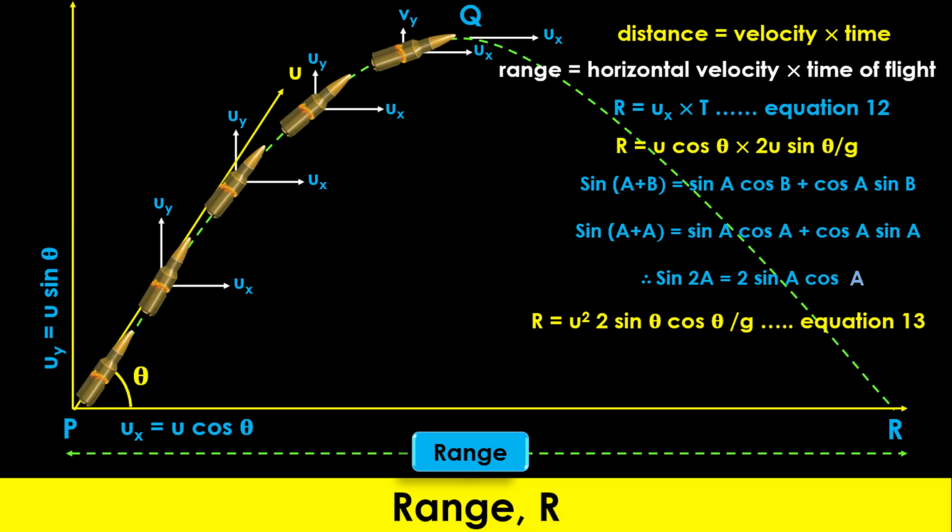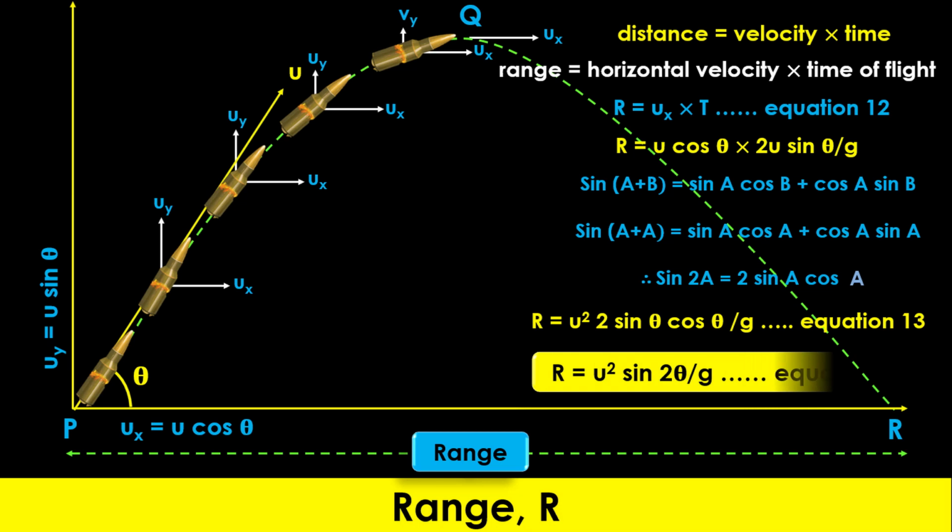Hence, equation 13 becomes R equals u squared sine 2 theta over g, which gives us a formula for calculating the range covered by a projectile launched into the air at an angle theta with an initial velocity u in meters per second.